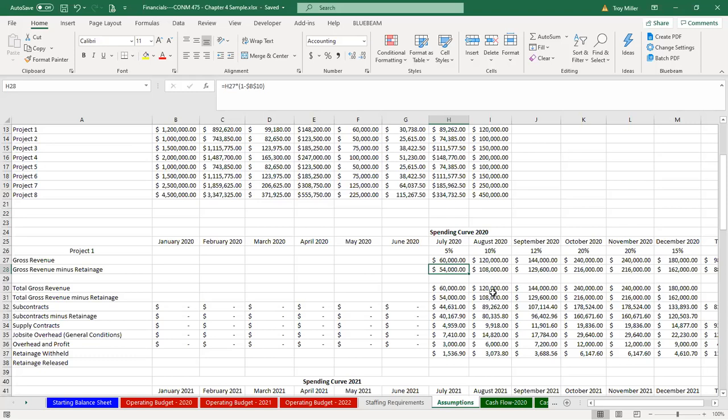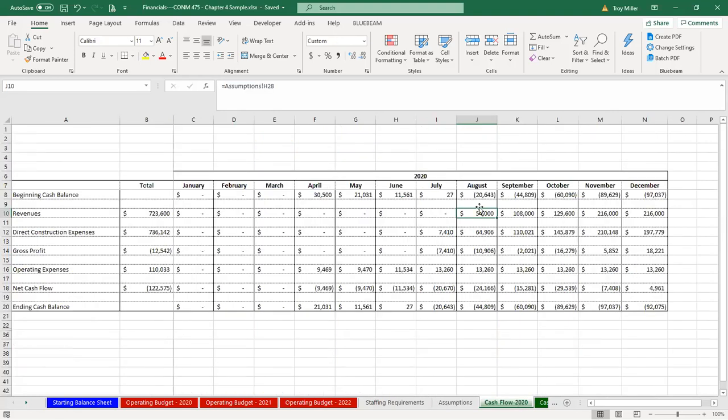And so it needs to become part of my cash flow by recognizing that I'm not actually getting the real dollars of $60,000, even though that's what I billed for. The check that I'm going to get from the owner is going to be reduced by 10% because of that retainage. So I'm only showing that revenue of $54,000.